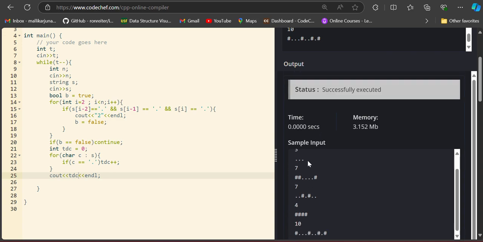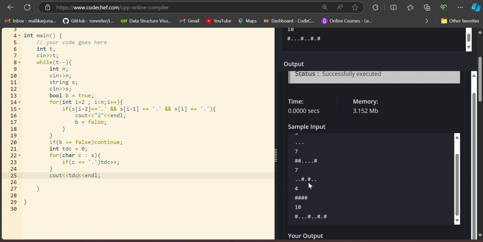So after this executes, it's going to the next test case, which takes another string and another one, which is seven. So total new string, right? So for this, it finds. So this is also true, and it won't fire.